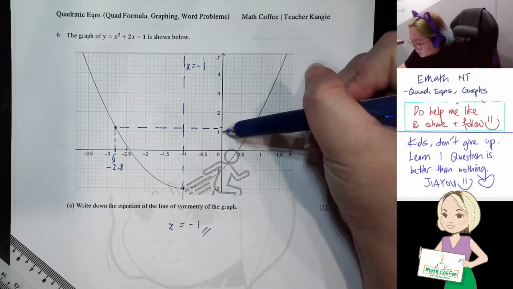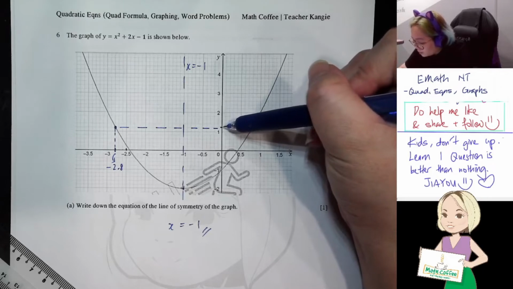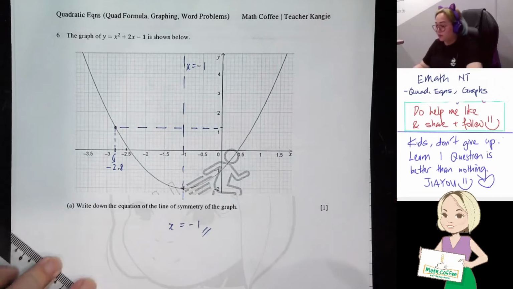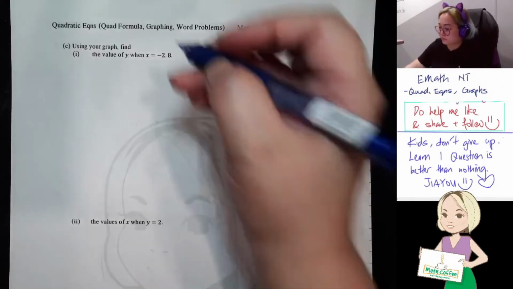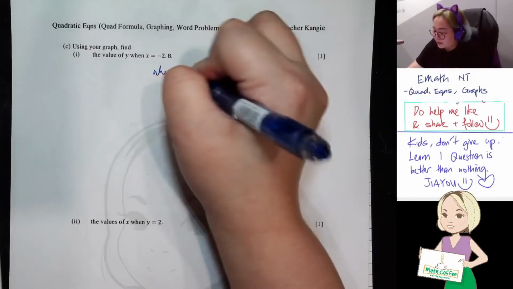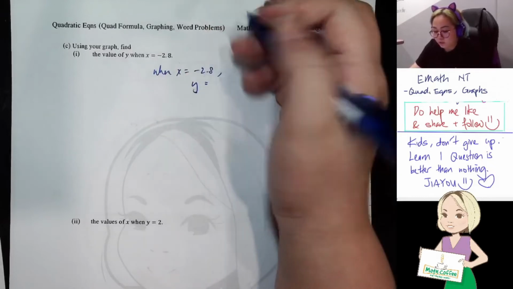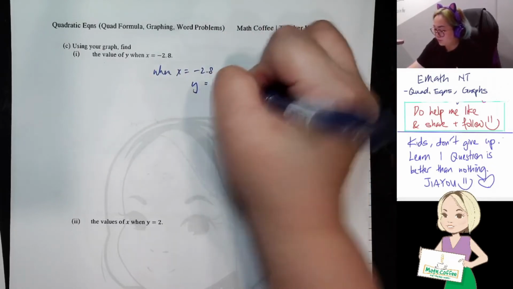This is 1, then after here is 2. So this is 1.2, 1.4, 1.6, 1.8, 2. So this is 1.2. So in this case, you will write over here, you will say when x equals to negative 2.8, my y is equals to 1.2. Done.